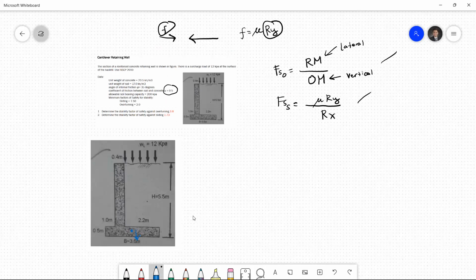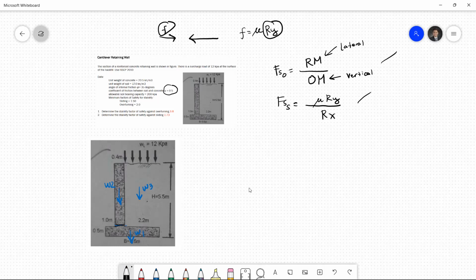Is it visible? I think it's better if black. So this one is W1 and this one is W2. And the whole unit weight of soil is, let's say, W3. The total downward weights: W1 is the slab, W2 is the stem. This will be the cut.